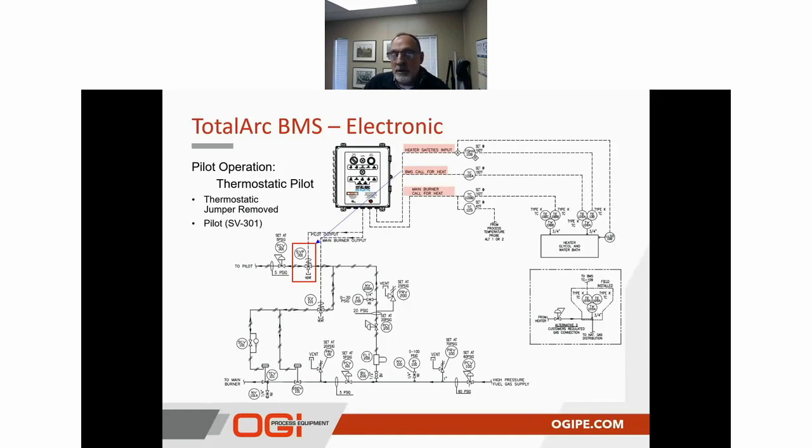So here again, I'm just illustrating the responsibilities of each of these two inputs, because the jumper is removed, is now independent of each other. So the process conditions are being satisfied by the main burner operation, while the bath is essentially being protected by the thermostatic pilot.